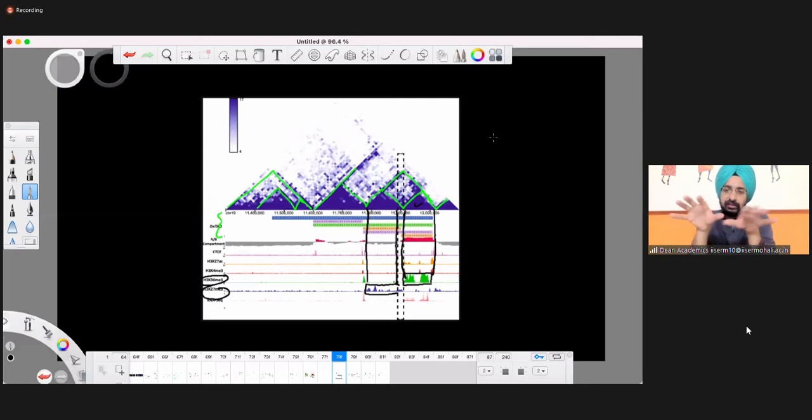There's one domain which is active, another domain which is repressed, and in between you don't have any communication. That's the insulation that we call boundary elements. If you look at CTCF, it will be sitting over here.